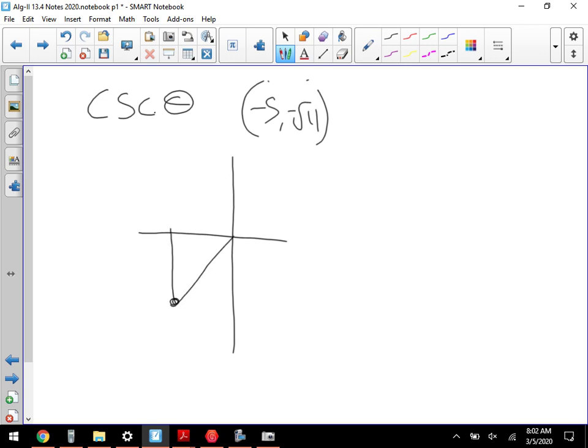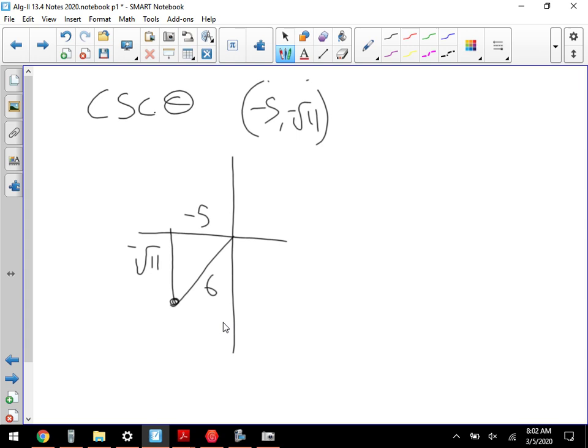My x value is the -5. My down value is the negative root 11. So let's see, 5 squared is 25. The square root of 11 squared is 11. 11 and 25 is 36. The square root of that is 6.